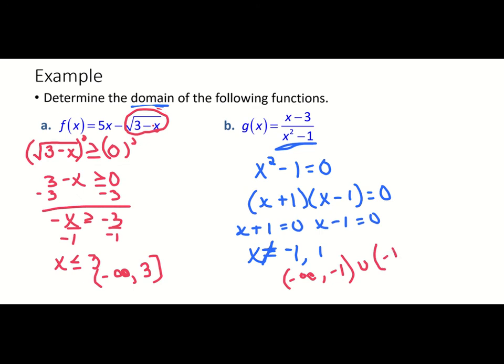So we're going to use parentheses so it doesn't include negative 1 and 1. We're going to do any number between those two. And then it can be any number greater than 1. So we'll do another union and then 1 to positive infinity. So that one, again, because it was a quadratic, it's a little more involved and has a longer answer. But that would be how you would write it in interval notation.